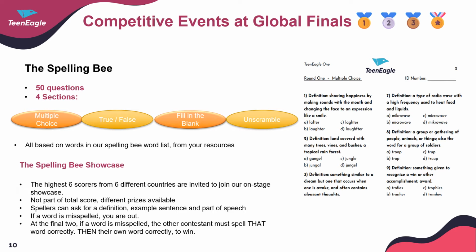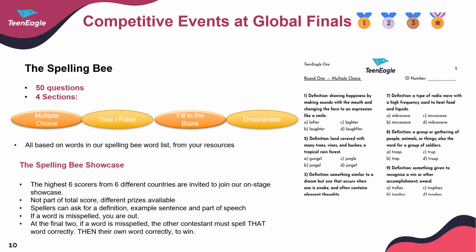When we get down to the final 2 people, when someone makes a mistake, the other person has to spell that word correctly and then correctly spell their own word to be the champion. When you're doing the spelling bee, participants are allowed to ask for the word to be repeated.